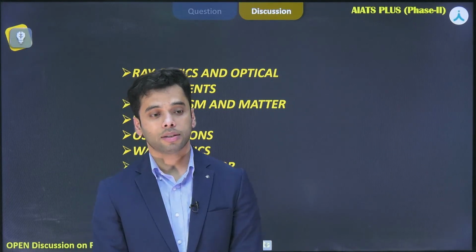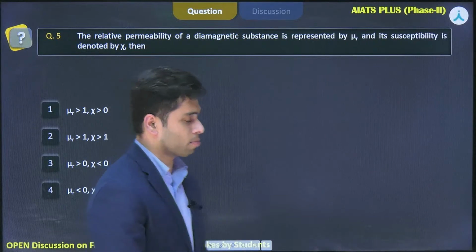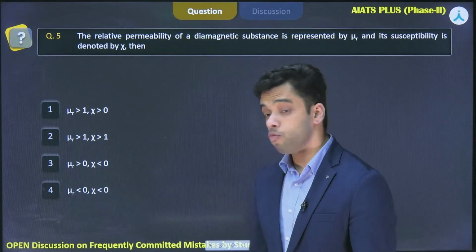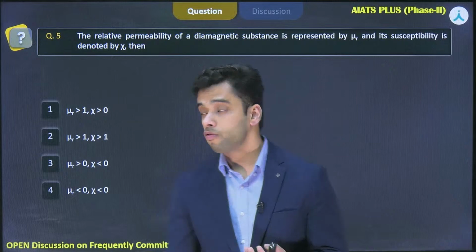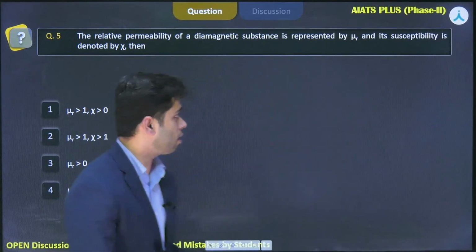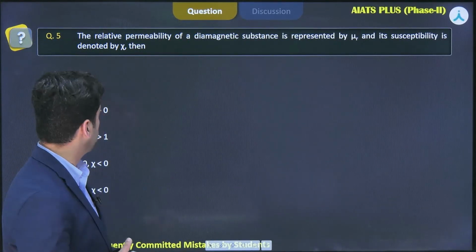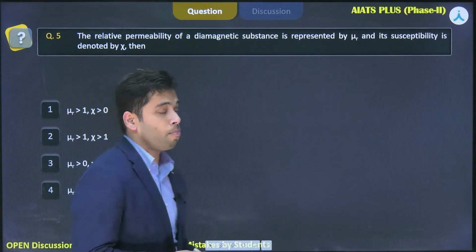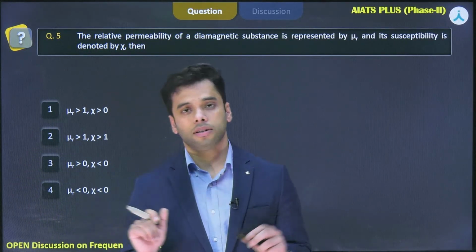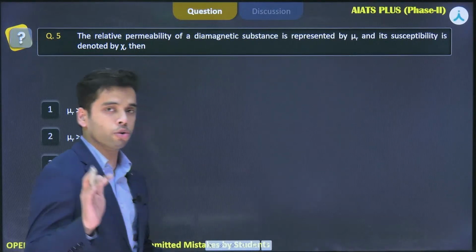Now let's move forward and have a look at the first problem, and it was problem 5 from the original paper. Let me give you the name of the chapter it is from, and it is from Magnetism and Matter, right? Now let me go through the problem for you.